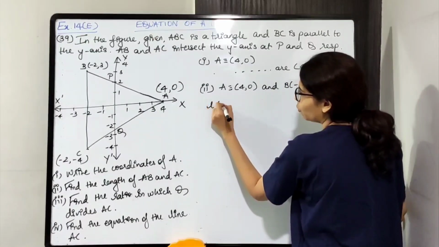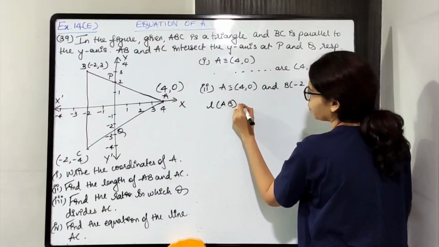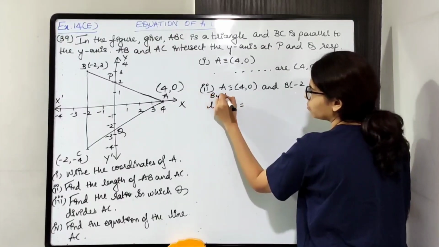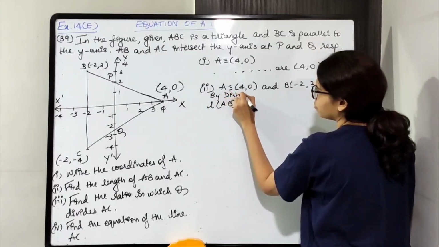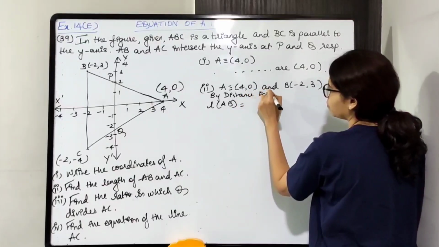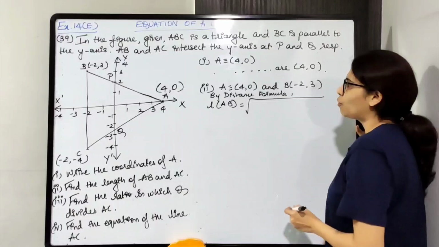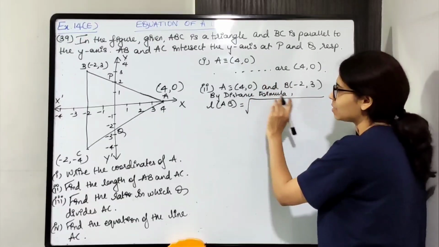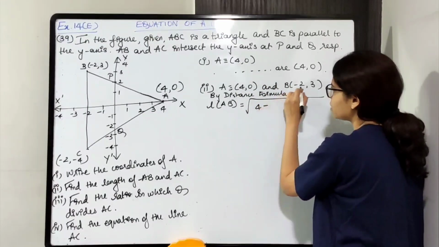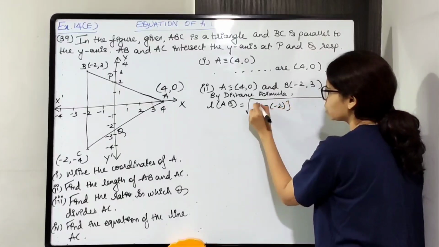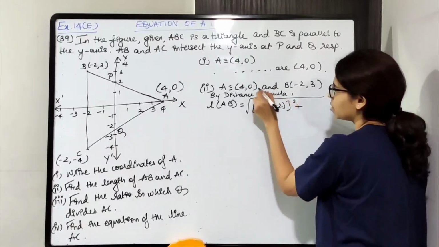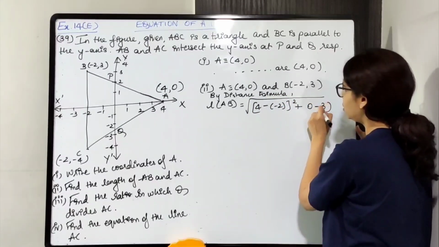So length of AB by distance formula is square root of, subtracting x coordinates, 4 minus -2 the whole का square plus 0 minus 3 the whole का square.